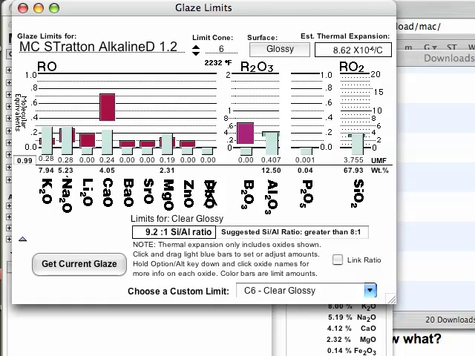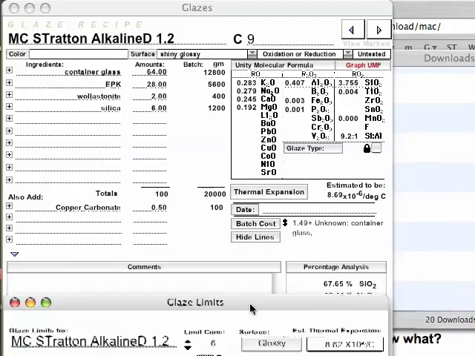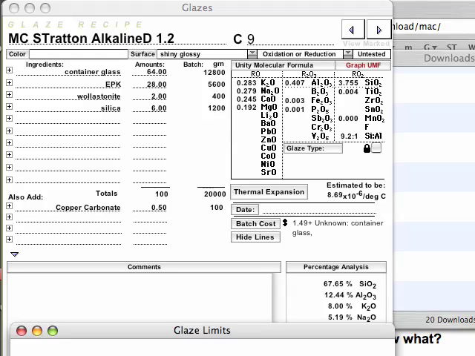So with that, going back to the recipe and recapping, we put in Mary Chase Stratton's glaze. It had sodium silicate rather than container glass. We ran it over to the glaze calculator and changed it out for container glass because container glass is a really great fit for getting sodium and potassium, and of course you're recycling, but maybe by the time you get all the energy into grinding it up in your studio, it's not such a good deal.